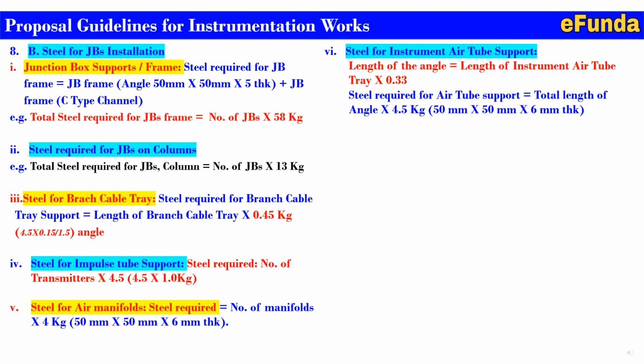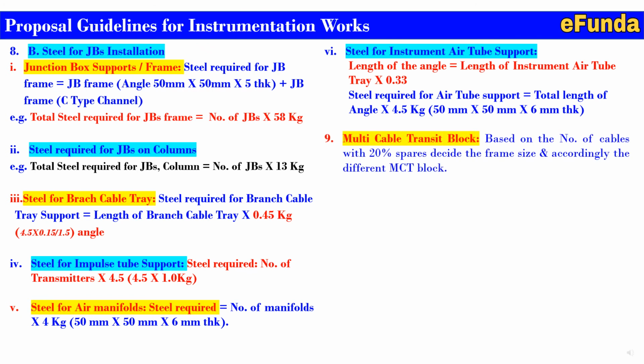Now, after considering all this, one has to consider the MCTs where our cables will be entering the control room. For that, for multi-cable transit blocks, based on the number of cables with 20% spare, decide the frame size, and accordingly different MCT blocks are required.